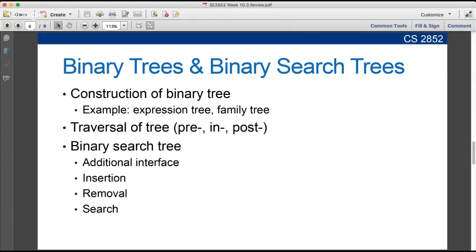With binary trees, we spent a lot of time on binary trees, and I hope you're comfortable with those. What I want you to know is the difference between binary trees that are ordered, that we use for search, binary search trees, and a plain old binary tree that we saw, for example, with expressions, where there's no particular ordering. There's simply the left subtree and the right subtree, but there's no implicit ordering to them, only that there's a left and a right.